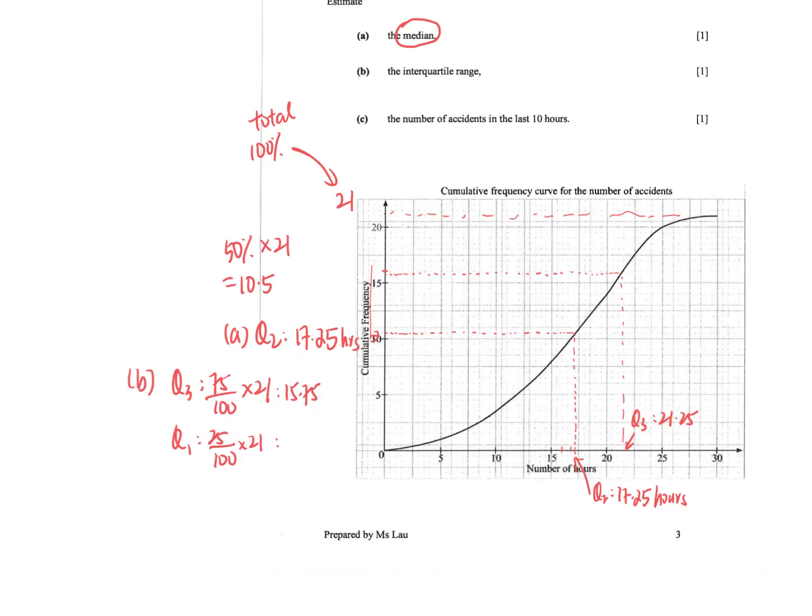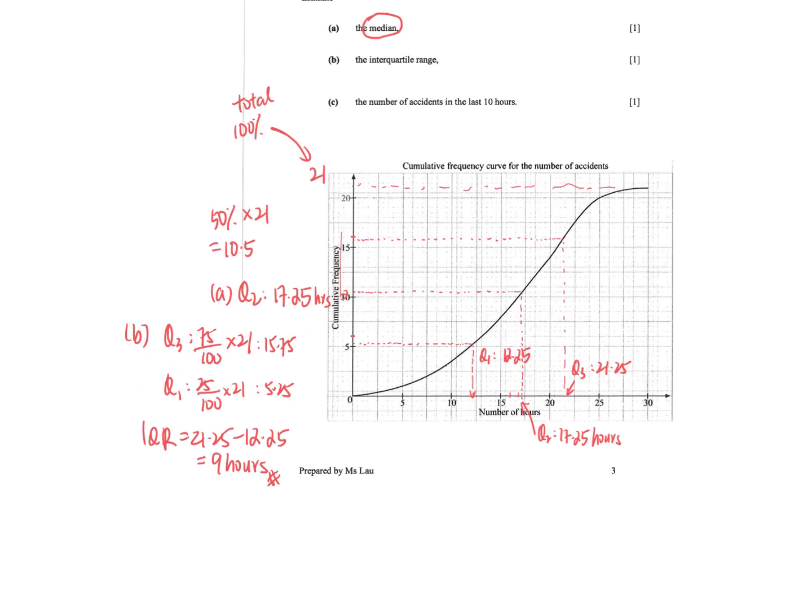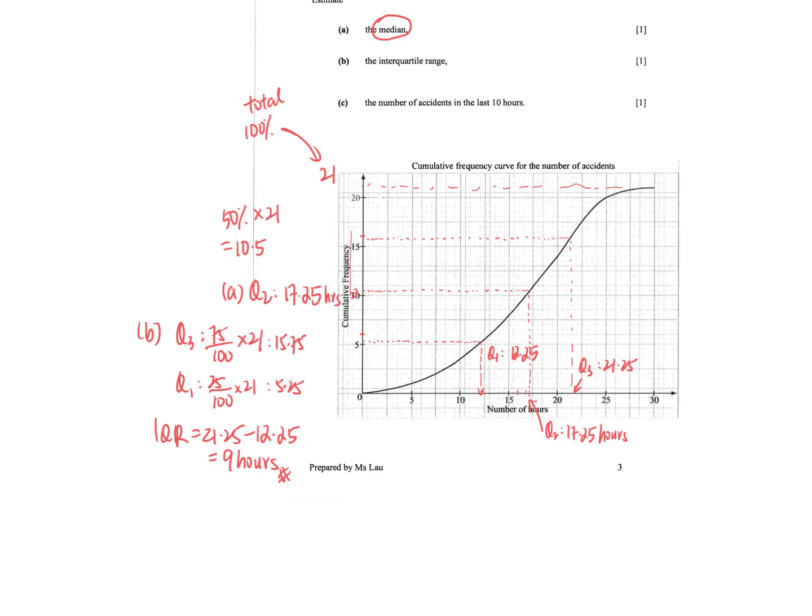It is my 5.25 data. So this is 6, so 5.25 is here. If you go and read carefully, your Q1 is 12.25. So IQR is 21.25 take away 12.25, which is 9 hours. So your middle 50% of the accidents that happen will usually last about 9 hours. That's what they are trying to tell you, because you need to go and read the respective data.